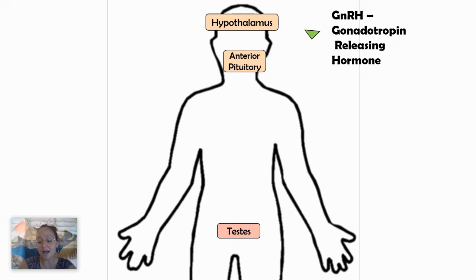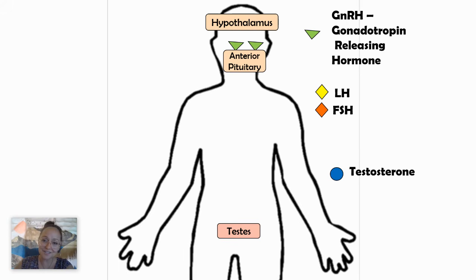Here, the hypothalamus, and I believe the anterior pituitary, will detect levels of testosterone to always make sure that there are sufficient amounts. So the hypothalamus will release GnRH, and then it'll target the anterior pituitary. In response, the anterior pituitary will release LH and FSH.